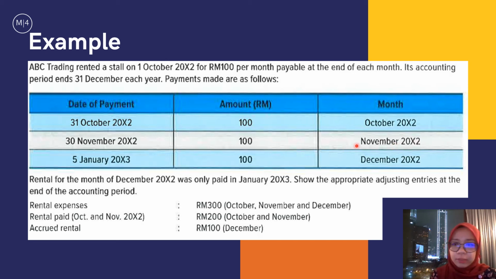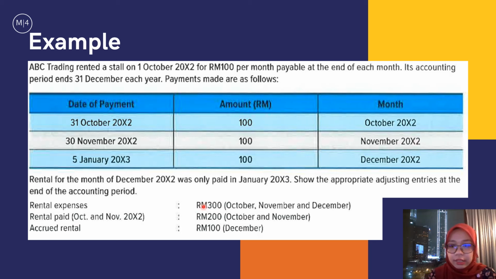But the payment for December is paid on 5th January. So when we close our accounts, this is not paid yet, but we have to recognize it as part of our accrued expenses because it is the rental expense for December that we have to record.